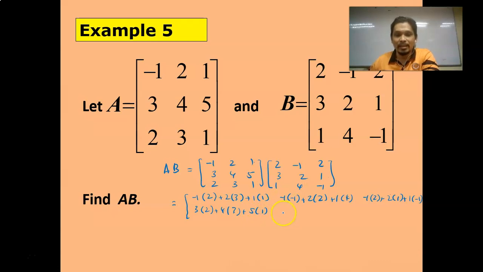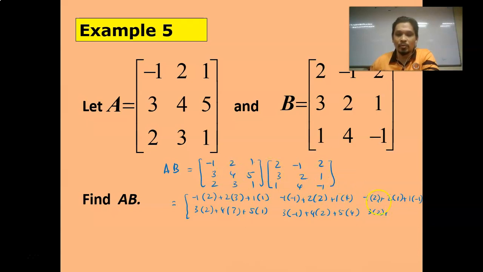Then 3 times negative 1 plus 4 times 2 plus 5 times 4. Next, 3 with 2.